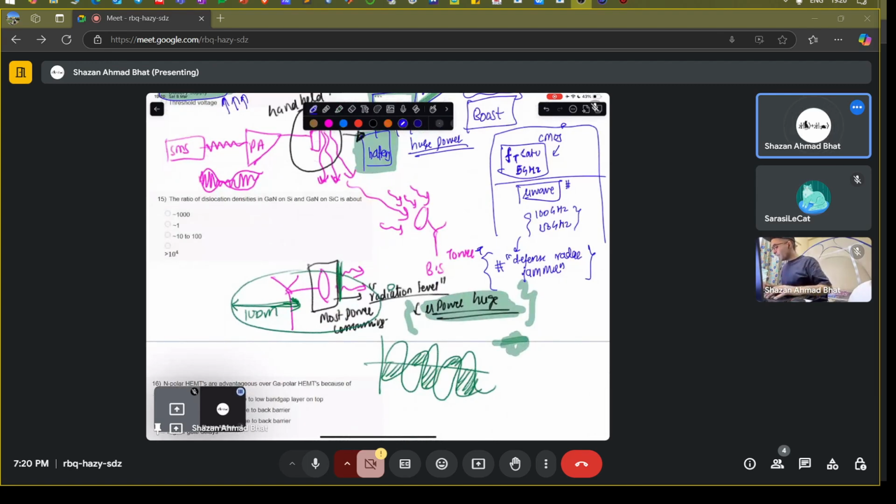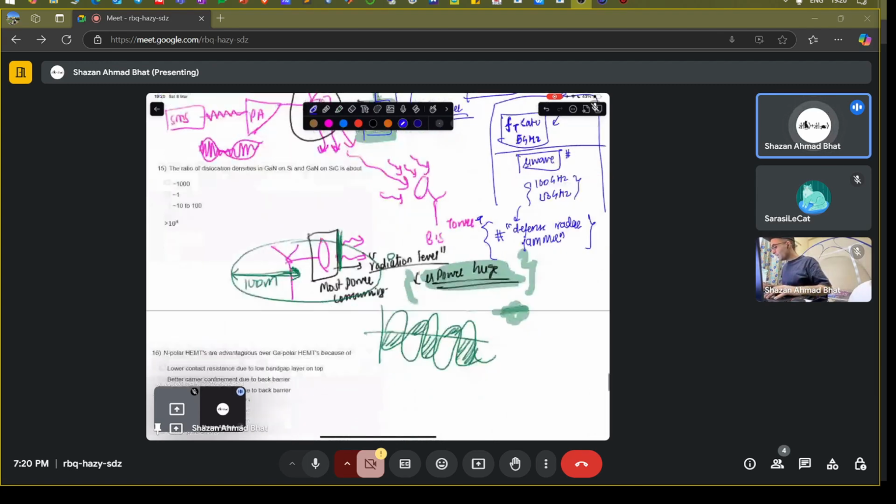And what else is there? The ratio of dislocation densities in GaN on silicon and GaN on silicon carbide. There are two things. One is you can make GaN using a silicon substrate, but there will be huge dislocation densities because there will be lattice mismatch.